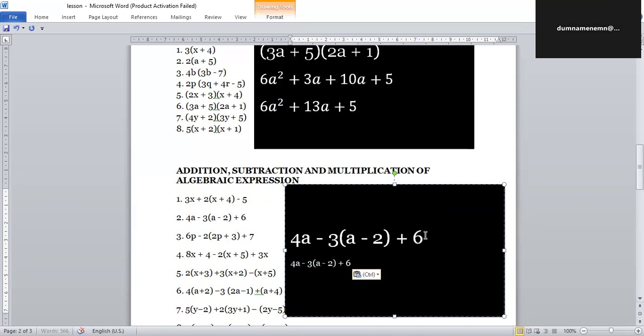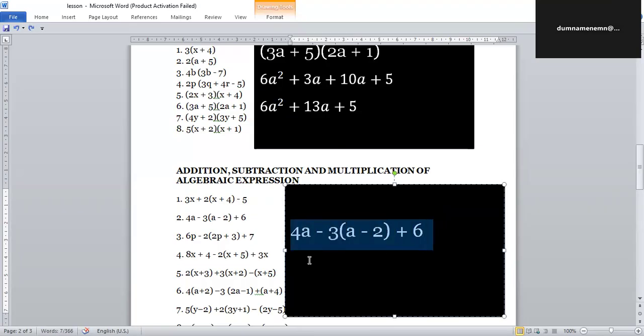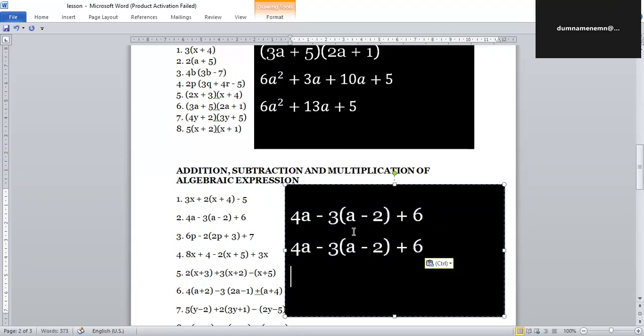So -3 precedes the bracket, so it's going to multiply everything in the bracket. So -3 multiply a, I'm going to have -3a. Now, when negative sign multiply negative sign, it is going to be positive. So 3 times 2 is going to be 6. We are actually done with that.